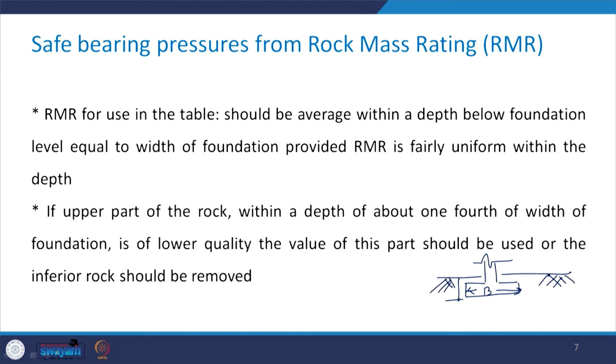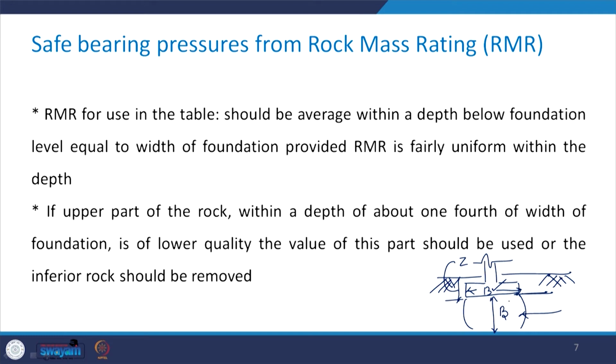From this level we go up to a depth equal to this width of the footing, and then we try to get the value of average RMR in this zone, and use that value of RMR in the table to get these safe bearing pressures.